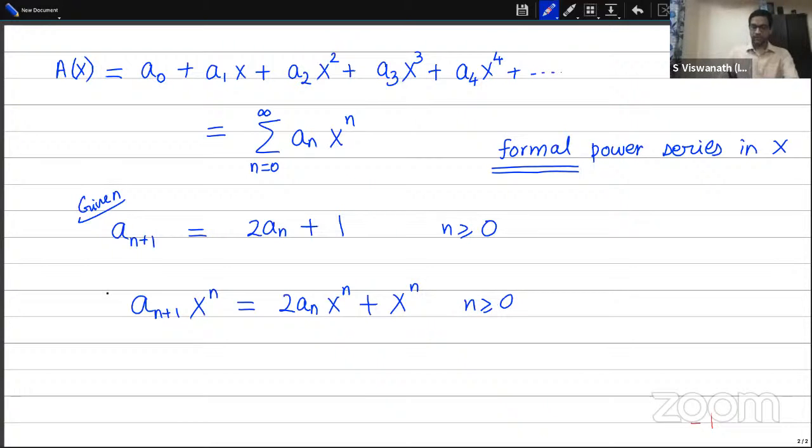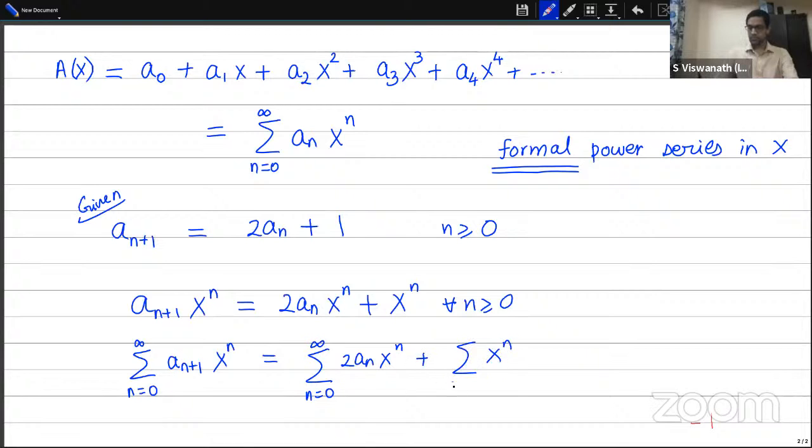And now I will sum both sides. Since this equation is true for all n greater than or equal to 0, I can sum the left-hand side for n going from 0 to infinity, and I can sum the right-hand side for n going from 0 to infinity.